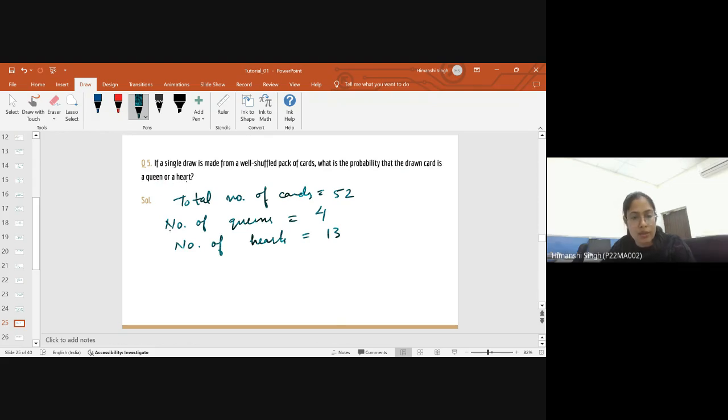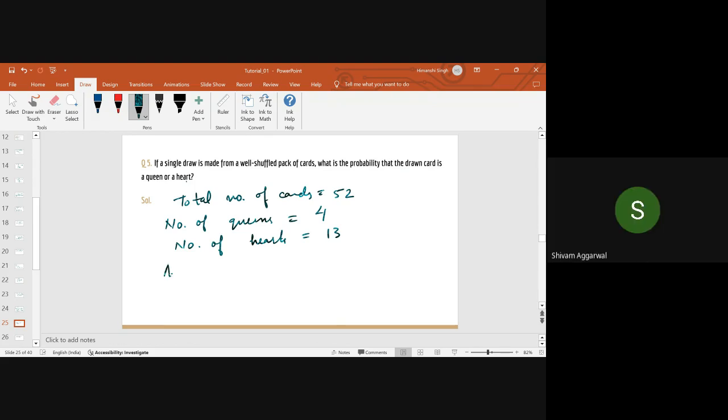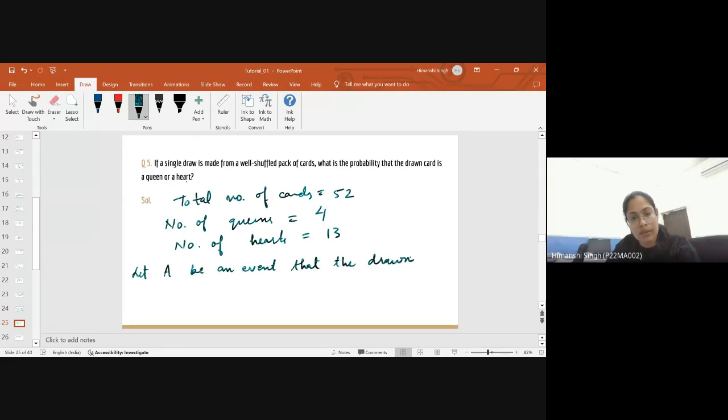So let us consider an event. Let A be an event that the drawn card is a queen. So if I draw a card which is a queen, that will be the event A.